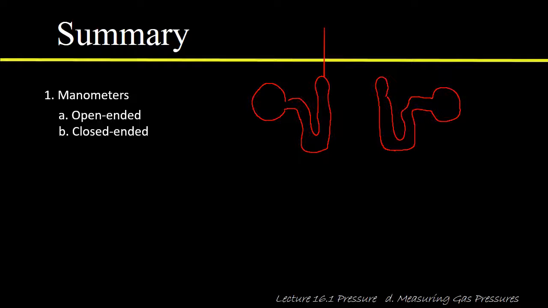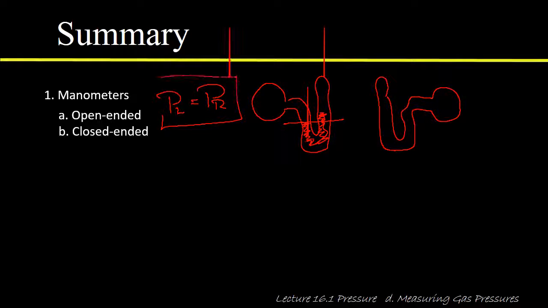The key for these manometers, whether it's open-ended or closed-ended, is always just to look at the column of mercury, draw a horizontal line at that lower level, and remember that the pressure on the left side is equal to the pressure on the right side.